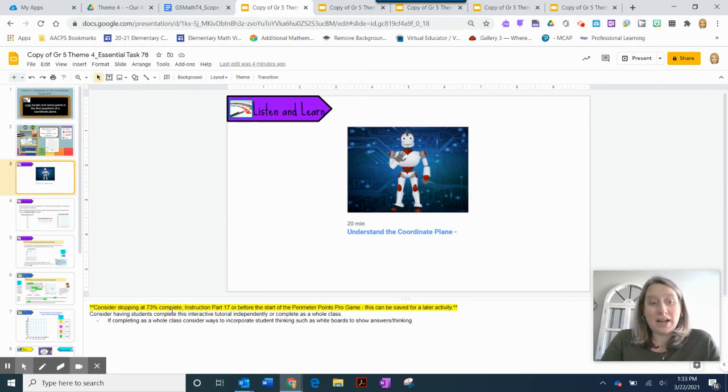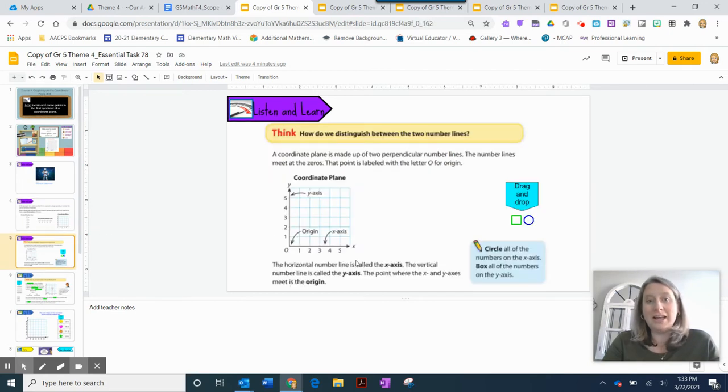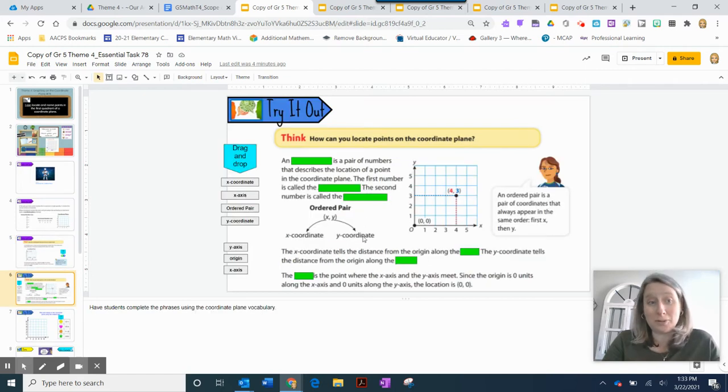I would, however, stop after 73% completion, or that instruction part 17. It goes into some parts of the coordinate plane that they don't need yet, that you can always come back to later. So once again, we're making that connection between the horizontal number line, the vertical number line, talking about the x and y axes, and ordered pairs.